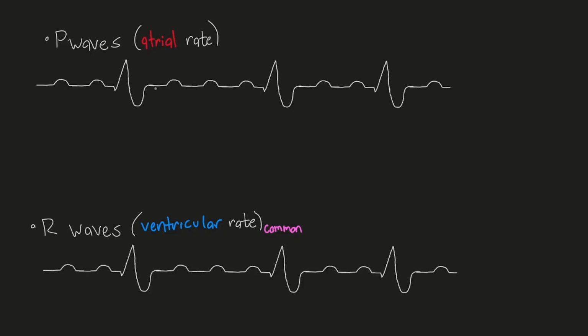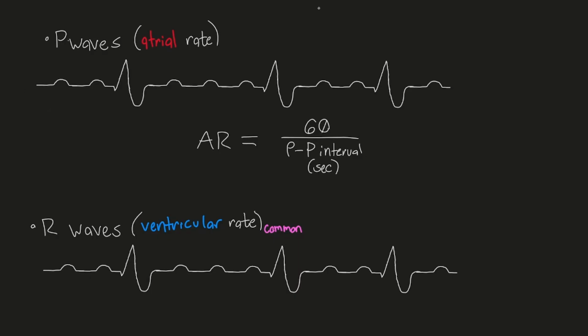To actually calculate P wave rate, we would use the equation, and I'll shorten it to AR for our atrial rate. It would equal 60 divided by the P wave interval, and that's in seconds.